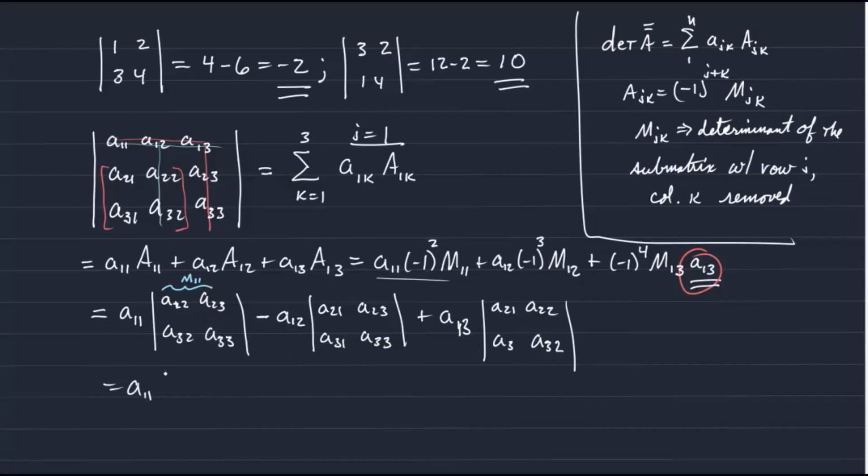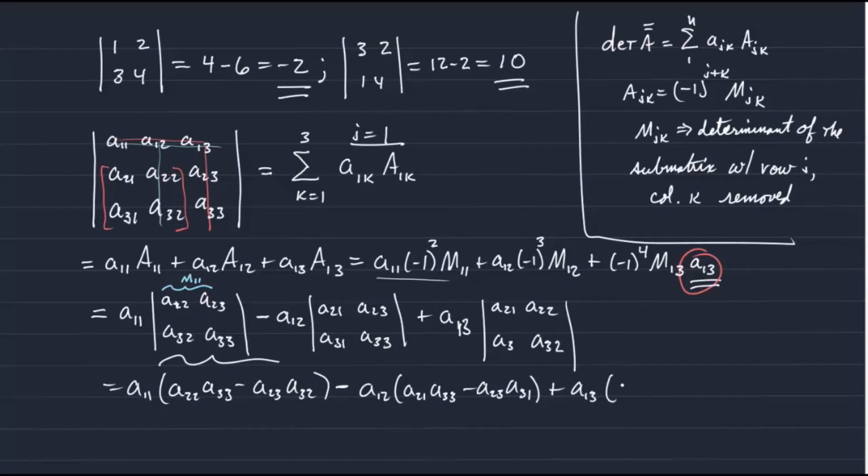And so that gives A11 times A22, A33, minus A23, A32, minus A12, that's the second term, and the determinant of this submatrix is A21, A33, minus A23, A31, and then we have a plus A13, and the determinant of that submatrix is A21, A32, minus A22, A31. I should have written a 3-1 right there.